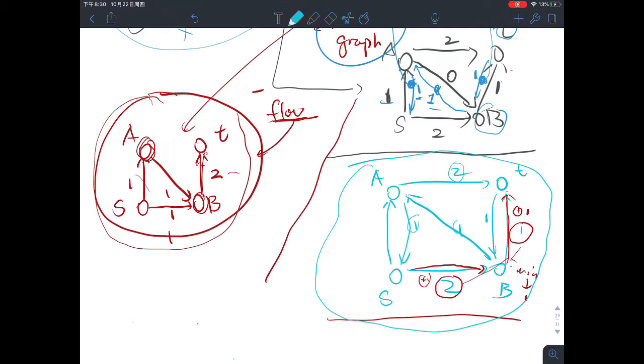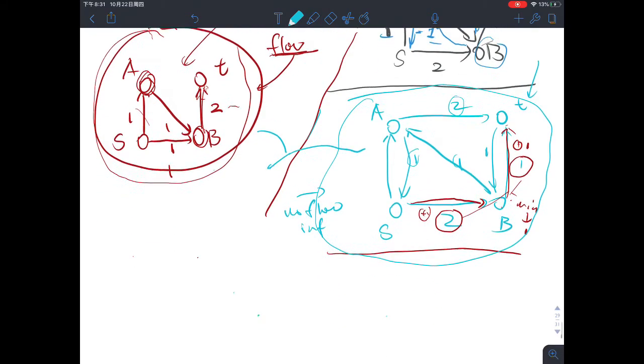You can infer the flow information from both the residual graph and the original graph, but for the purpose of presenting this idea, when we draw the residual graph, there is no flow information. So we need to look at these two graphs collectively in order to understand where we are at this moment.